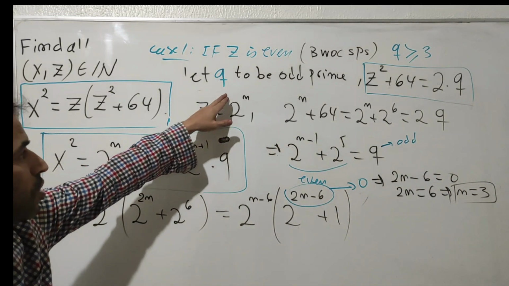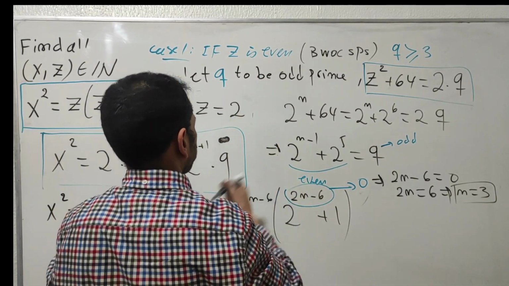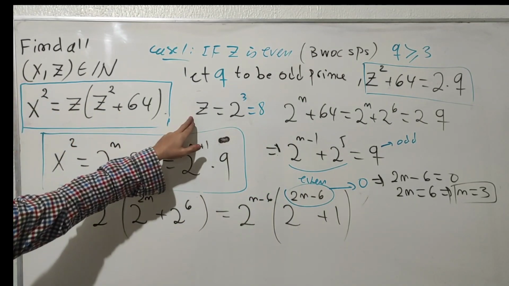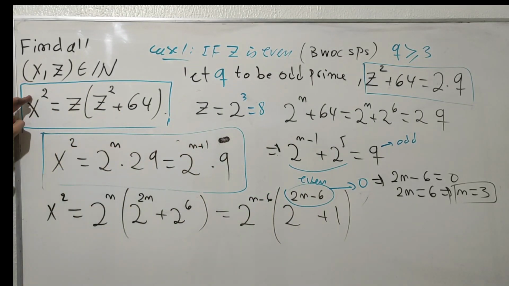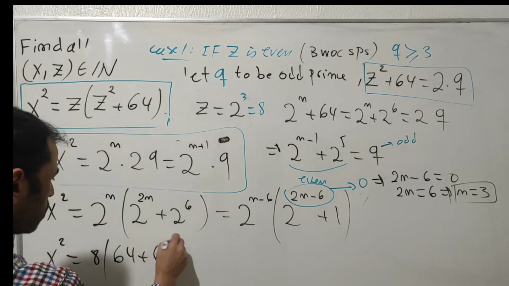Let's replace it here. Okay, so we get 2 to the 3, which equals 8. Now we found the solution of z. We need to find the solution of x. It's more simple here. We get x squared, which equals z going to be replaced with 8. This one is going to be replaced with 64 plus 64.